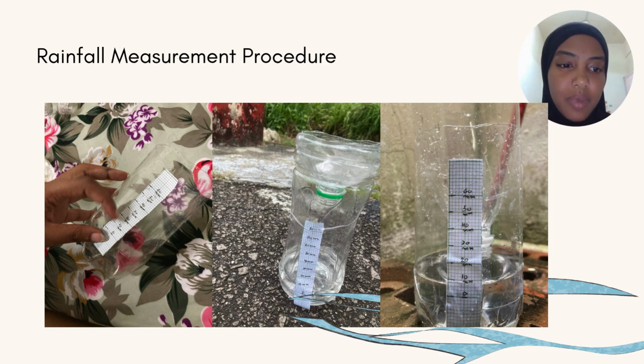accurately in millimeters. The rain gauge was then placed in open area near our home location, away from roof, trees and walls, to avoid interference. Each day we recorded the water level at 8 a.m. for 7 days.